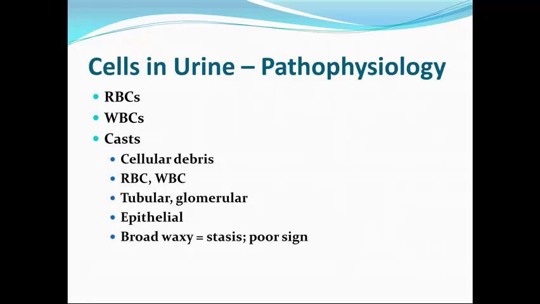When we think about pathophysiology, in addition to protein, we want to look for other things that would not normally be present in the urine. Looking at urinalysis findings is a great way to learn about pathophysiology of the kidneys, because remember, you're looking for things that don't belong there. So you're looking for red cells and white cells. In general, there are a few red cells in the urine, but it's not significant, a very small number.